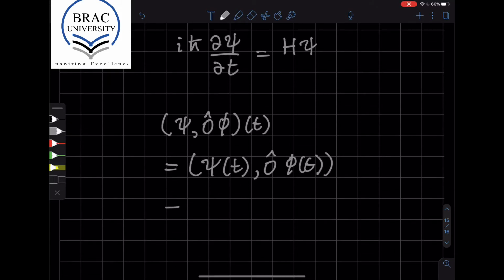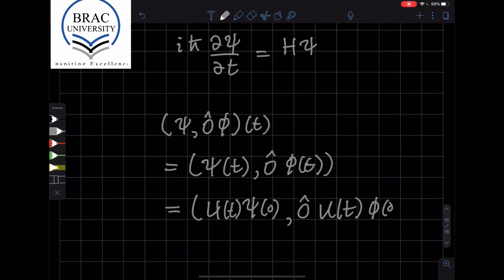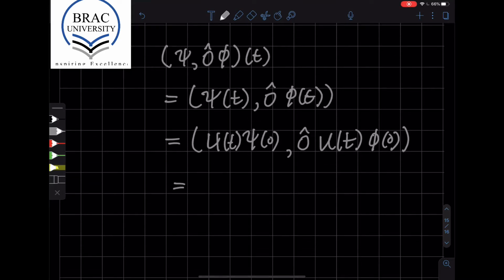But we introduce the time evolution operator, which evolves the state at time 0 to the time t. So we are now explicitly writing the time evolution operator, right? The time evolution operator is the formal solution to the Schrödinger equation. So then what we can do is take this over here.